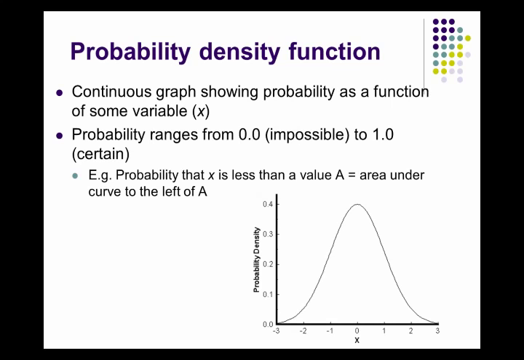We put the probability on the y-axis. That means if we measure the probability of any event, then in this case at x equals 0, the probability would be highest. At x equals 3, we would get a very low probability of something happening. The point is, the area under this curve is always normalized to 1.